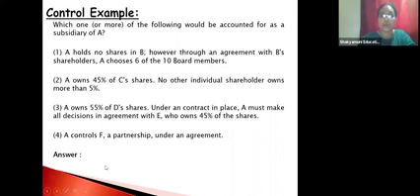So coming to point number 3, A owns 55% of D's shares. Okay, it is holding more than 50% of shares.